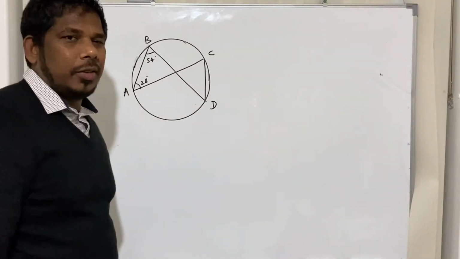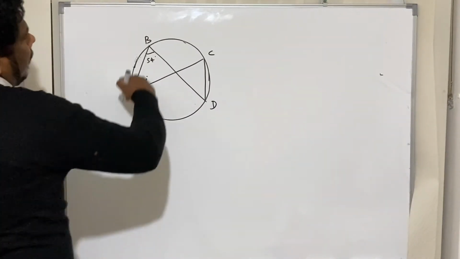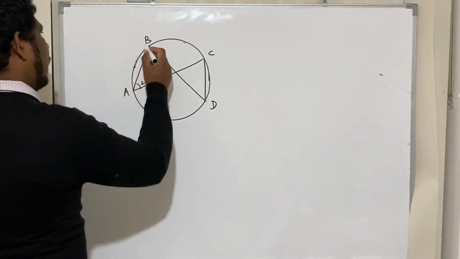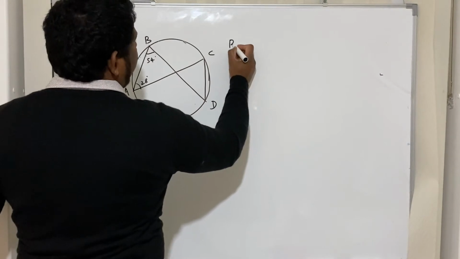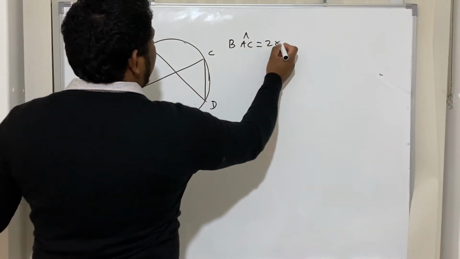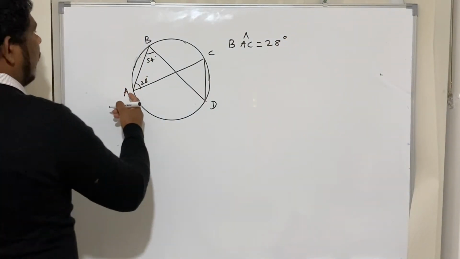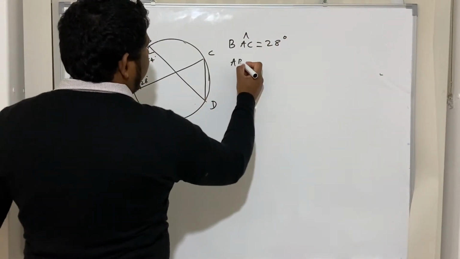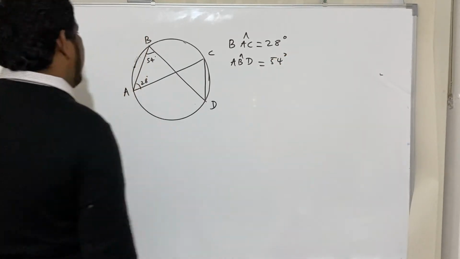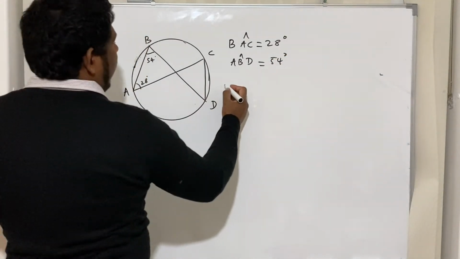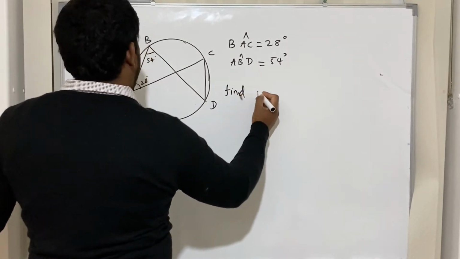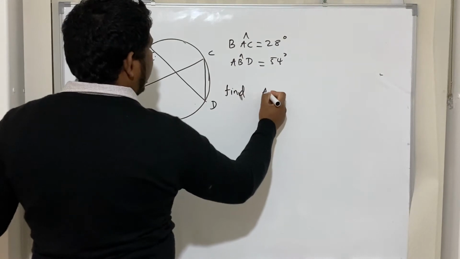So we can do some exam questions. This is the circle, and angle BAC is 28 degrees and angle ABD is 54 degrees. Find angle ACD.